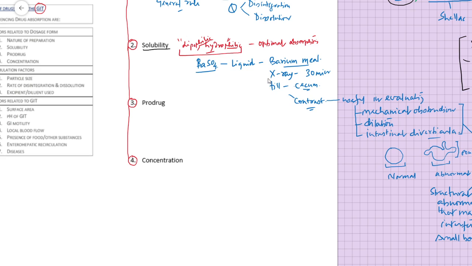They would be subjected to X-ray diagnosis in this manner that we mentioned, and it becomes useful in evaluating whether there is any structural abnormality. Okay, so it's basically a diagnostic procedure.